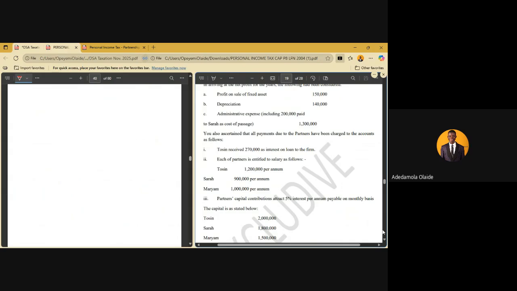Tosin received 270,000 as interest on loan to the firm. Each partner is entitled to salary as follows: Tosin 1.2 million, Sarah 900,000, Miriam 1 million. Partners' capital contributions attract 5% interest per annum payable on monthly basis. The capital is as stated below: Tosin, Sarah, Miriam.